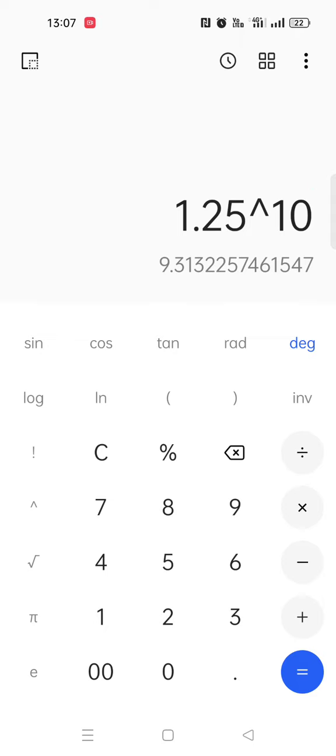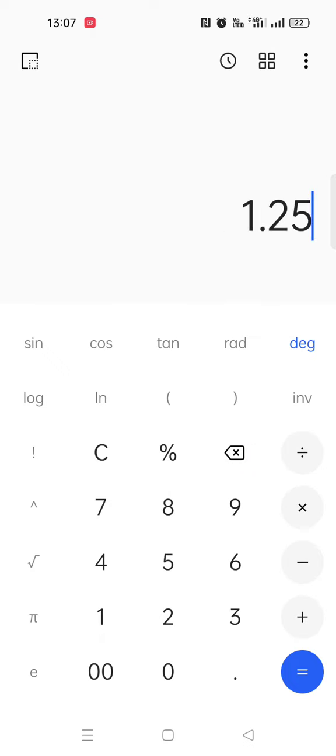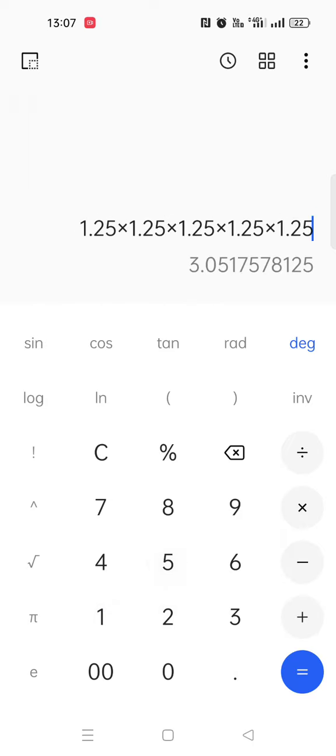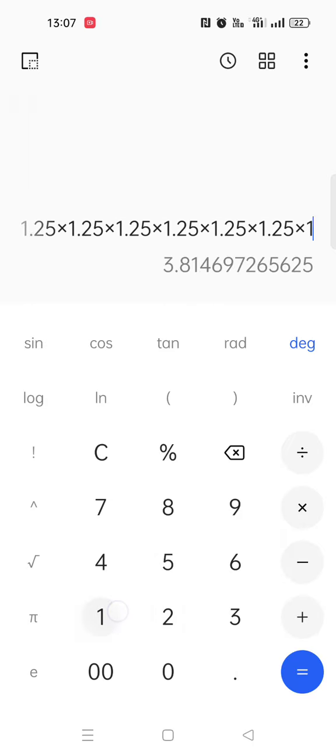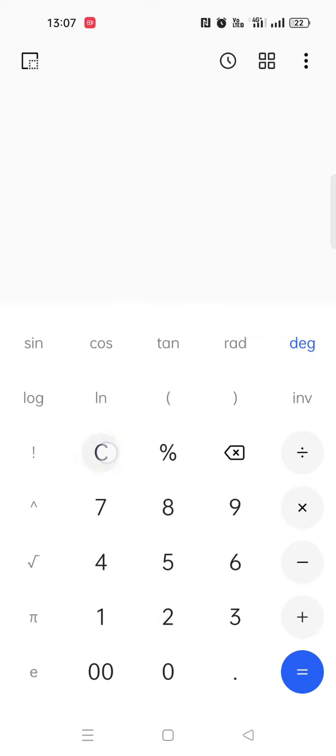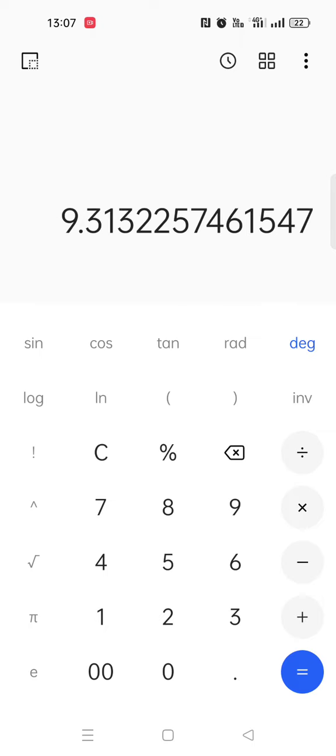If you're confused why I'm doing this, it's because this is how they calculate the odds. 2 teams, 3 teams, 4 teams, 5 teams, 6 teams, 7 teams, 8 teams, 9 teams, 10 teams. So you see, it's simple, 1.25 to the power 10. So it's the same thing.